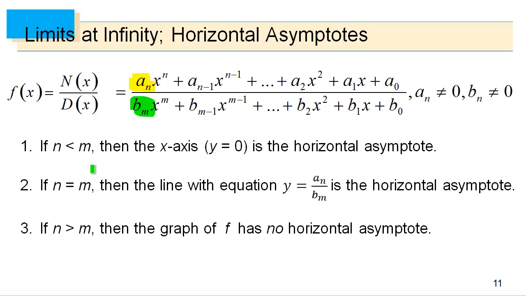And then we had these rules that if n, right, the power of the top, was less than the power of the bottom, then it leveled out at y equals 0. If they were the same, it leveled out at a horizontal line that was made up of these two leading coefficients, right? And then if the degree of the top was bigger than the degree of the bottom, we had no horizontal asymptotes.